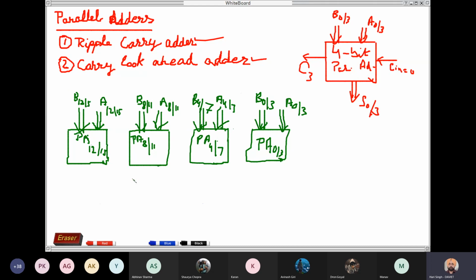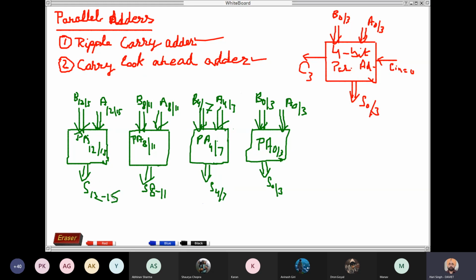Okay, so outputs of the first adder will be sum bits 0 to 3, then sum bits 4 to 7, then sum bits 8 to 11, and finally sum bits 12 to 15.